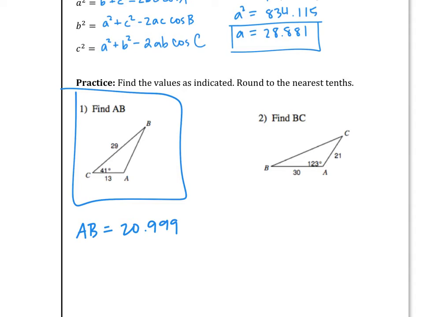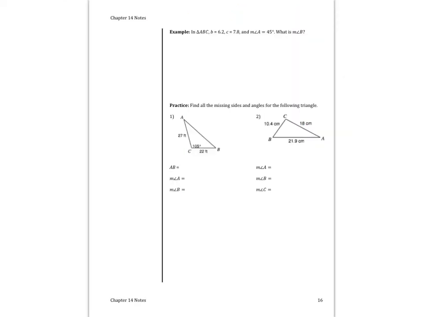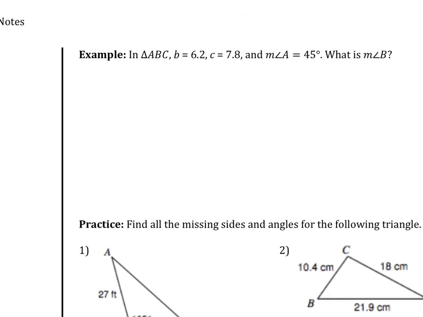All right, now let's look at a different type of problem. So in this problem, it says in triangle ABC, b is 6.2, c is 7.8, measure of angle A is 45. What is angle B?